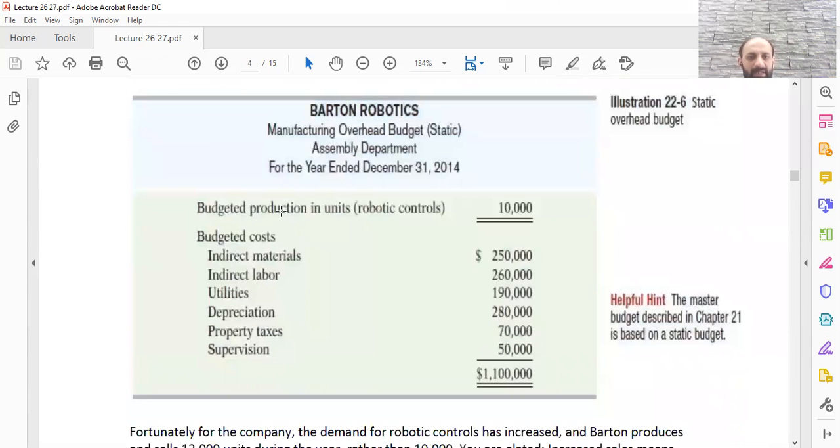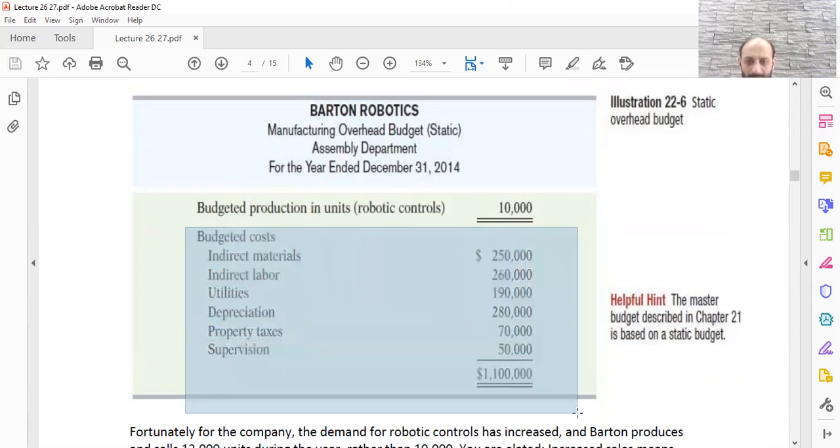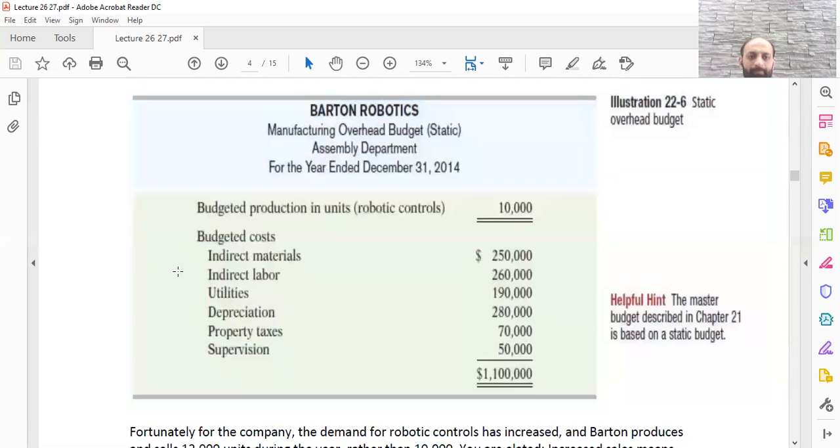You said your budgeted production is 10,000 units, so accordingly you listed down all your expenses. As you know, manufacturing overhead does not include direct material or direct labor.